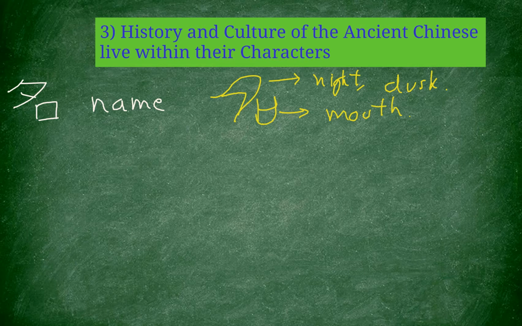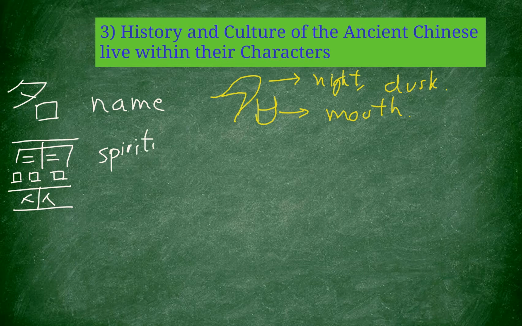Okay, so another character that's actually very, very unique, and it's actually very popular as well nowadays because of spirituality, is this one. So again, like I said, means spiritual. It can also mean mystical.